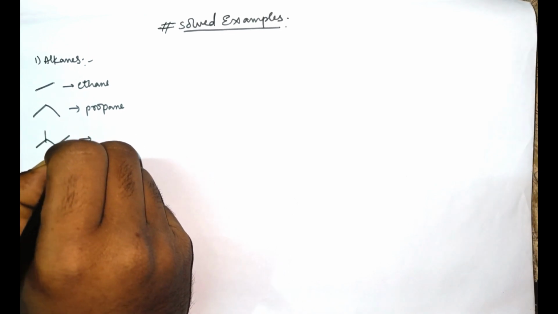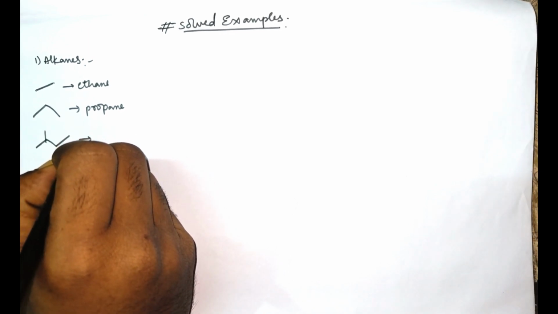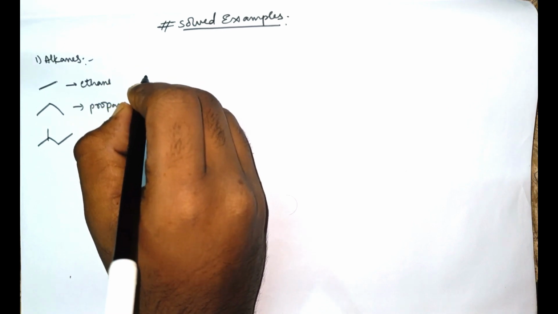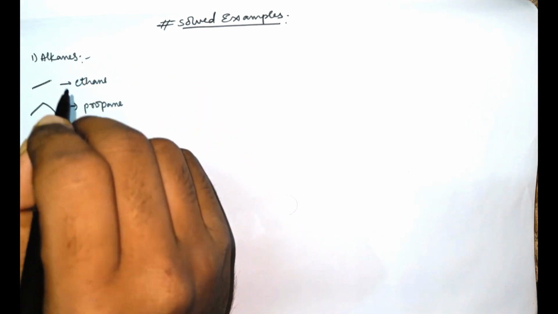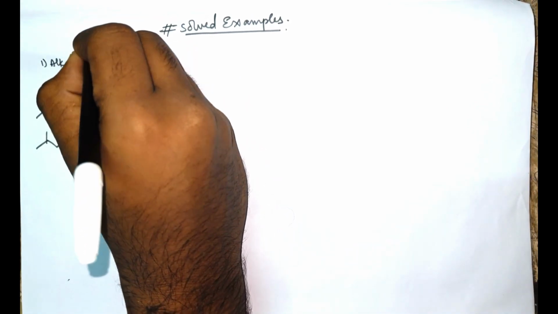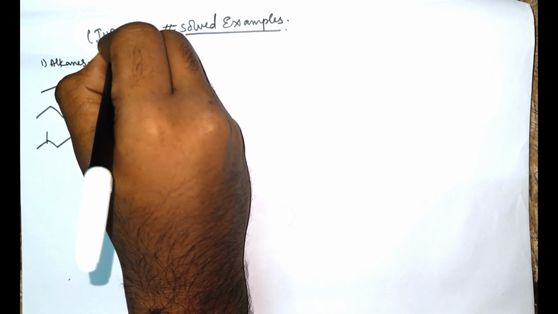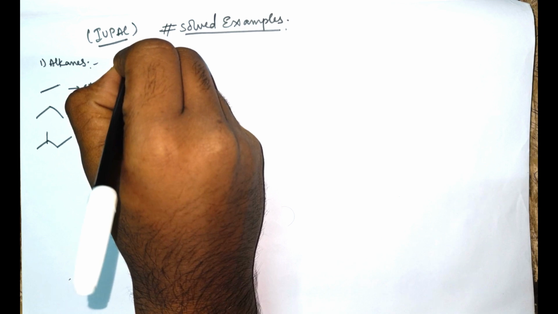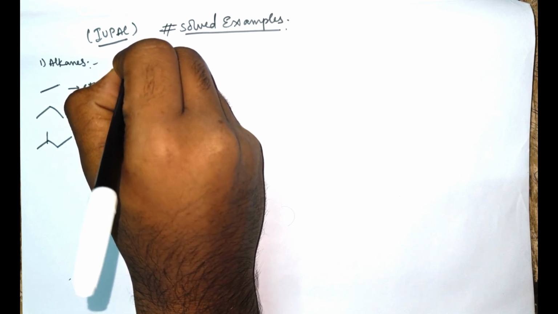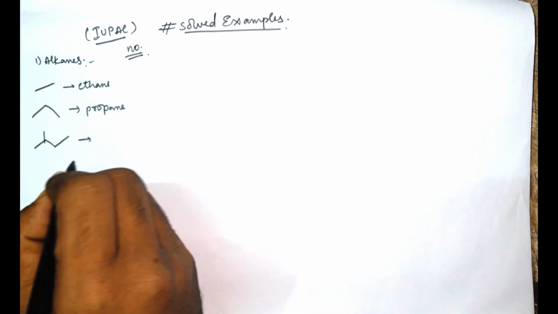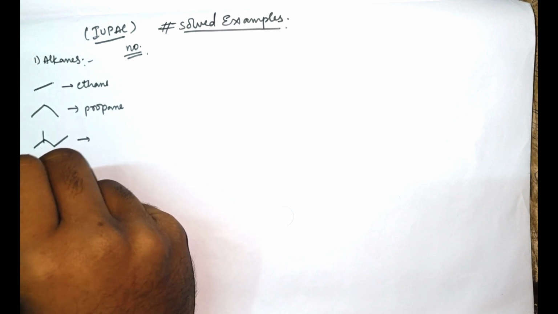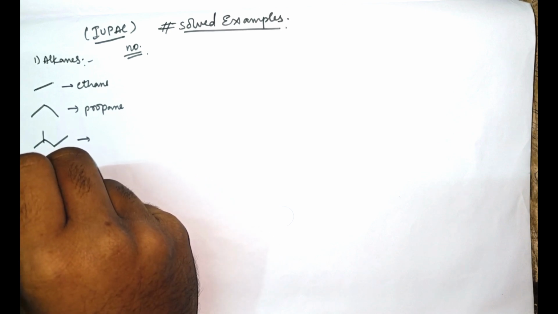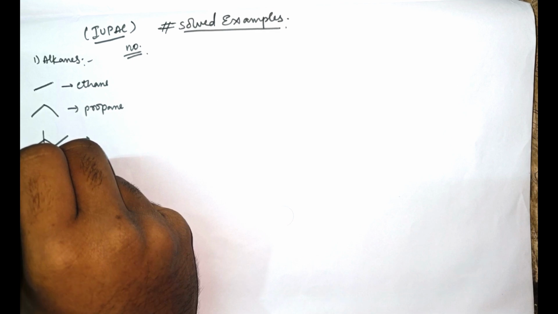In the previous classes we have discussed IUPAC and trivial nomenclature. These solved examples are purely based on IUPAC nomenclature. And as I have told you, in IUPAC nomenclature, representing the branch at a particular number is very important, and the substituents must be taken in priority order.